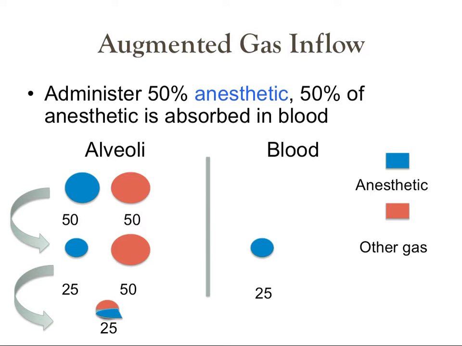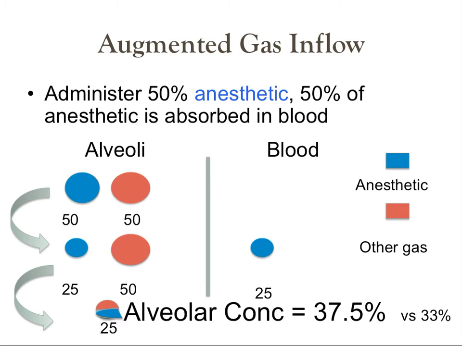Now with augmented gas inflow, you still have the 50% anesthetic and 50% uptake, and the 25 parts of the anesthetic removed from the alveoli here are replaced with 25 parts of the 50% anesthetic, giving a new alveolar concentration of 37.5% as compared to 33% without augmented inflow.